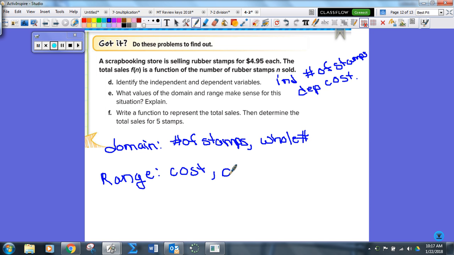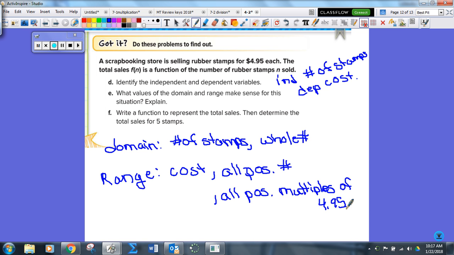So you could have 2 different ranges. You could say all positive numbers, or I could say all positive multiples of $4.95. Either answer here would be accepted.